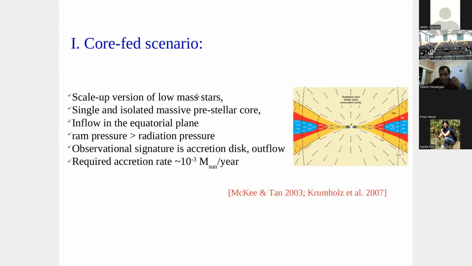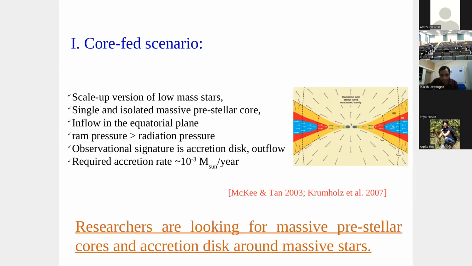Observationally, you can find an accretion disk and outflow in this scenario. But still researchers are looking for massive pre-stellar cores. This is a very, very difficult task. So far we do not have many samples of massive pre-stellar cores which support this scenario. And also accretion disks around very massive stars like O-type stars are a rare phenomenon which people have not observed.